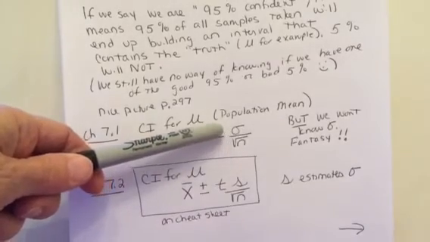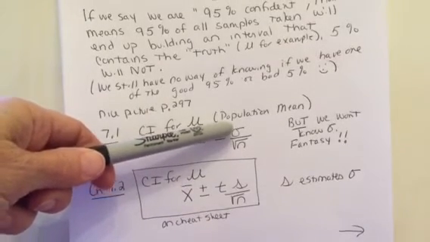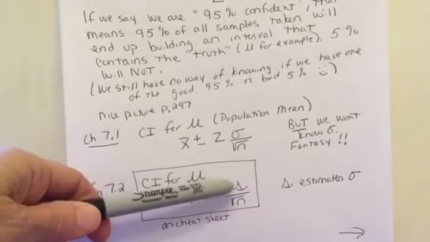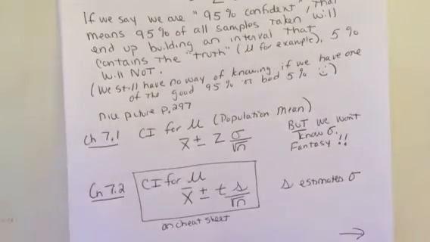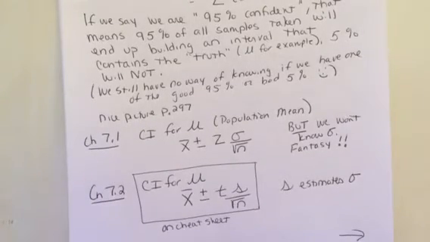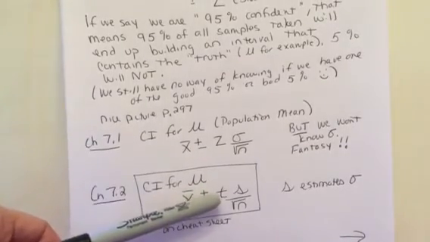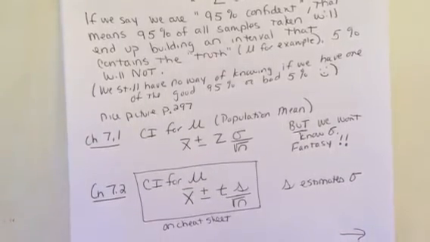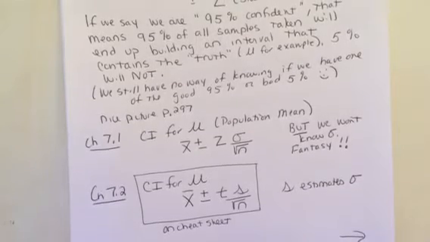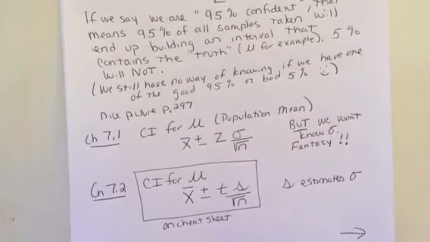Well, what could we use as an estimate for the population standard deviation? We could use the sample standard deviation, which is denoted by S, if you remember from test 1. Now there's this new thing called a t. You're not supposed to know what that is. For now, we're not going to get too much into the t distribution.